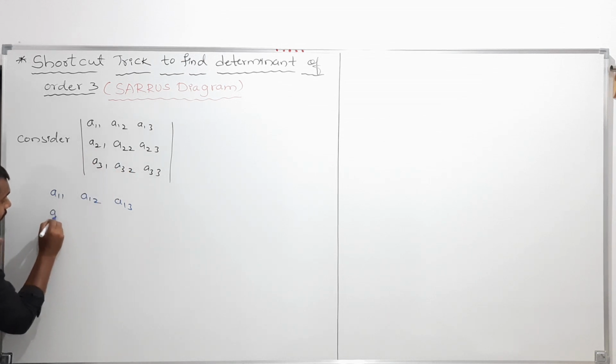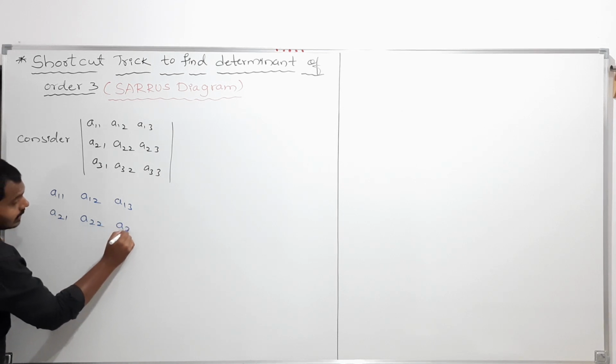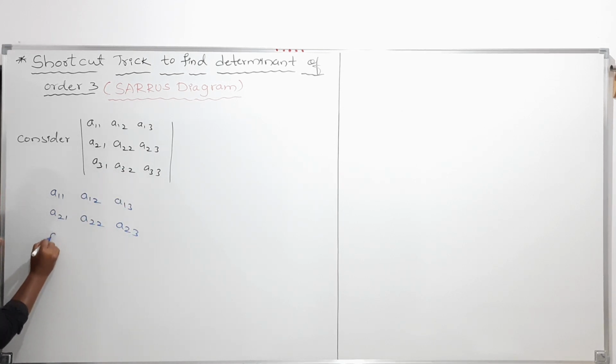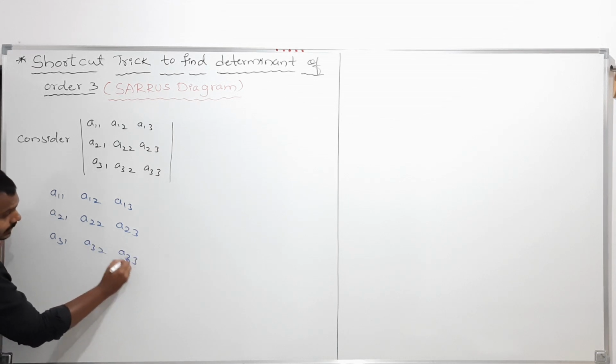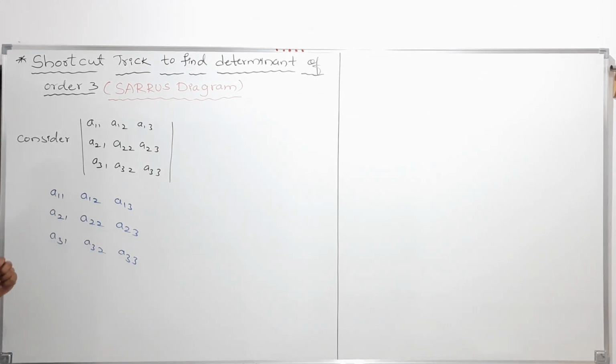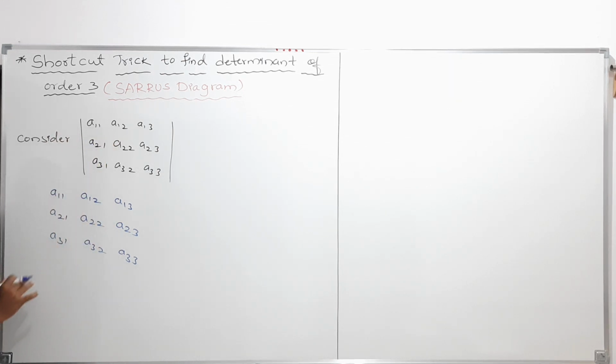Next, second row I am writing a21, a22, a23. Next, a31, a32, a33. Clear? So just I wrote here the elements of the given determinant. This is the general determinant I considered here.